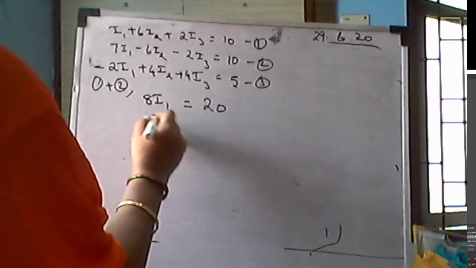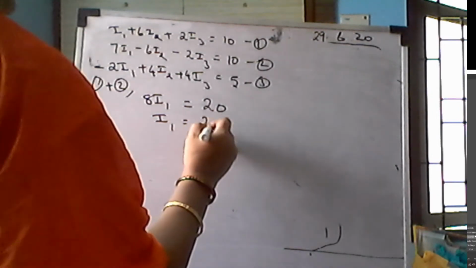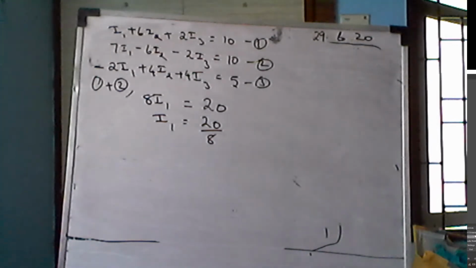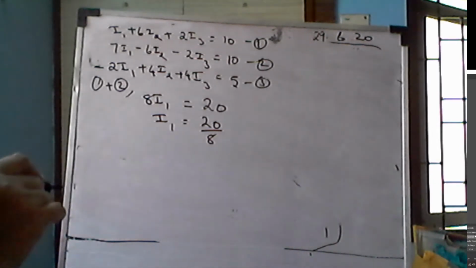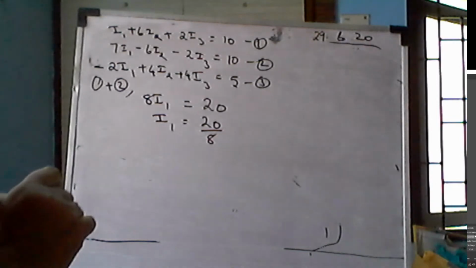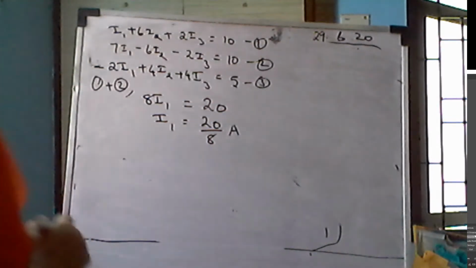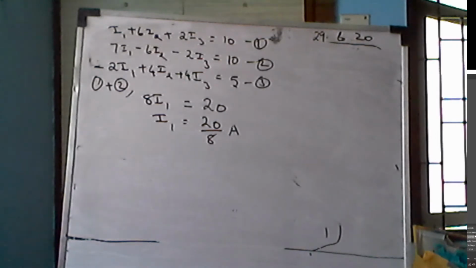So I1 equal to 20 by 8. You are getting 20 by 8 ampere.